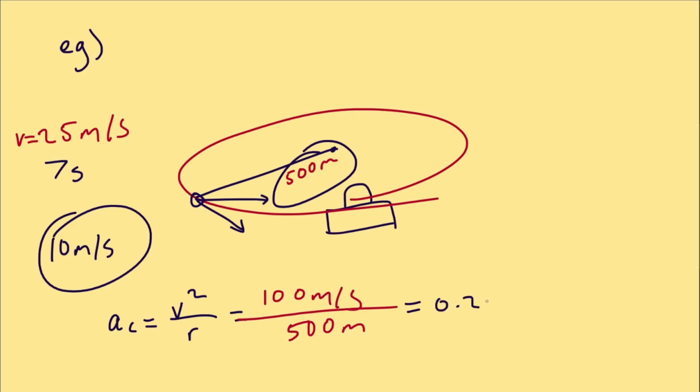This is equal to 0.2 meters per second squared. That's how fast it's accelerating toward the center, which is one of the components of this angular vector. By the way, here's a note. This tangential acceleration remains constant. It's constantly accelerating at the same speed.